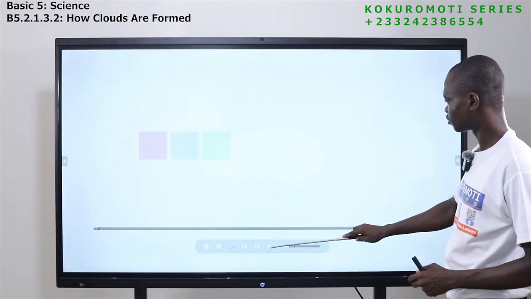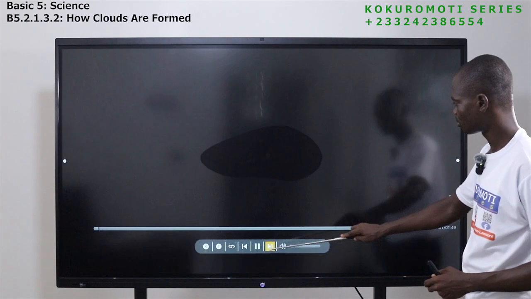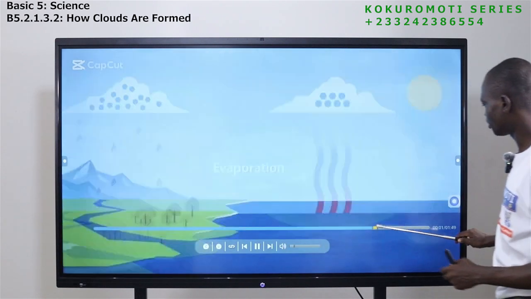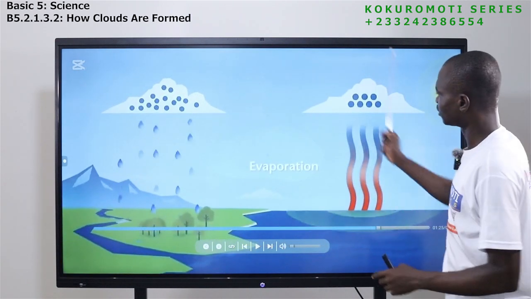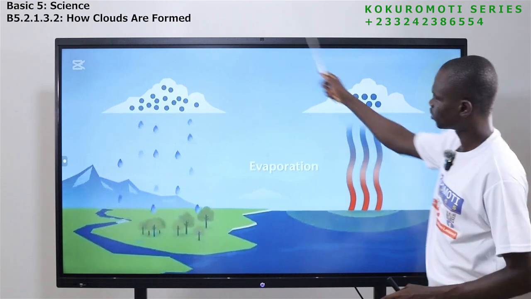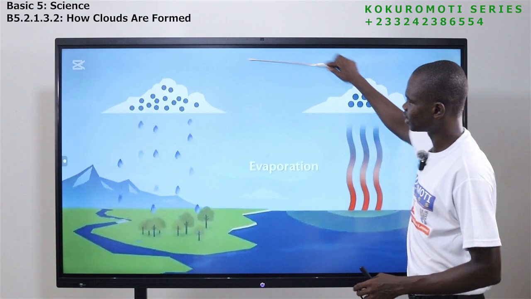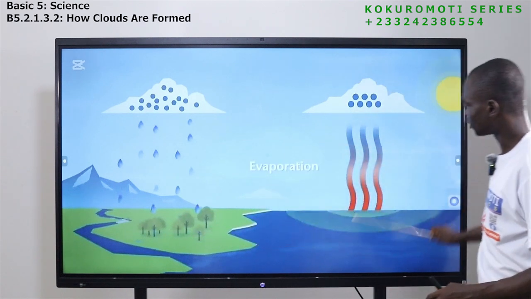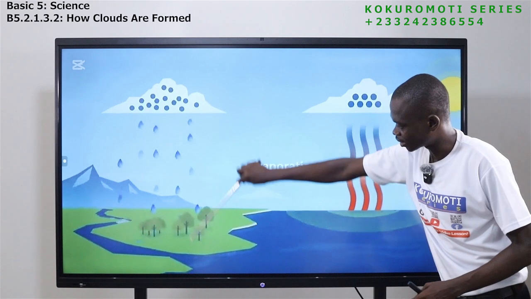But I believe you have seen the whole steps. So it's like that. The water will go up and then come down. Water will go up in the form of vapor, form water here, come down as rain. Then it will go up in the form of vapor, condense, turn into water, clouds, and then fall down.